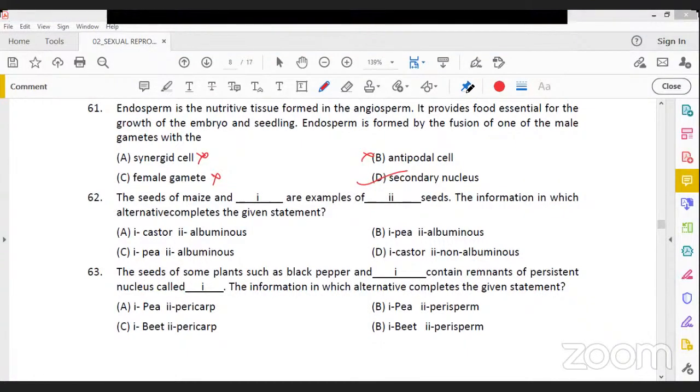Seeds of maize and castor are examples of albuminous seeds. Why are they examples of albuminous seeds? Because they have endosperm stored in them.